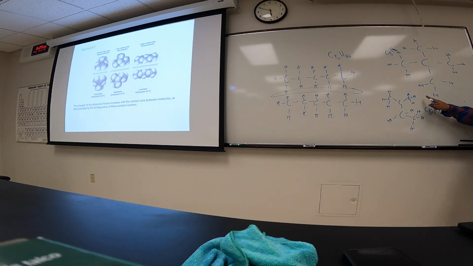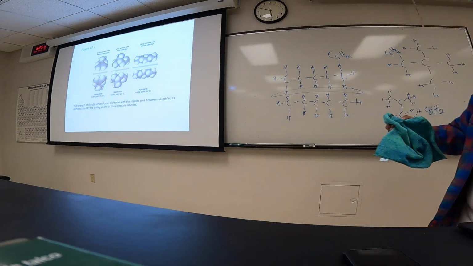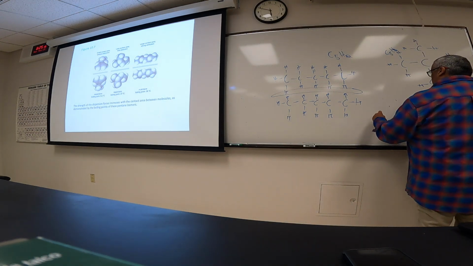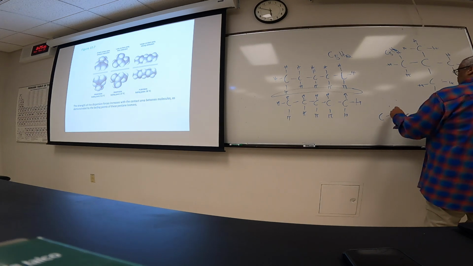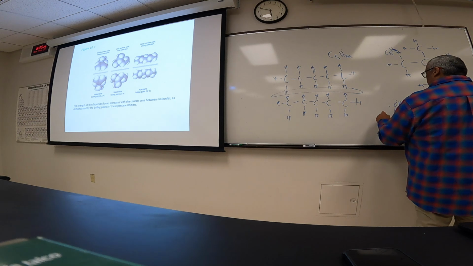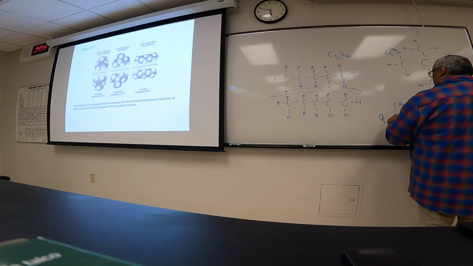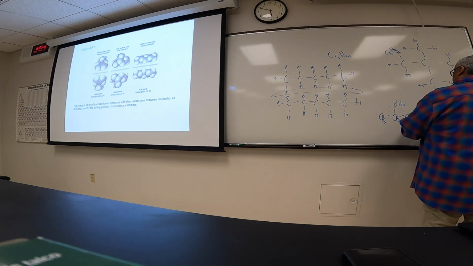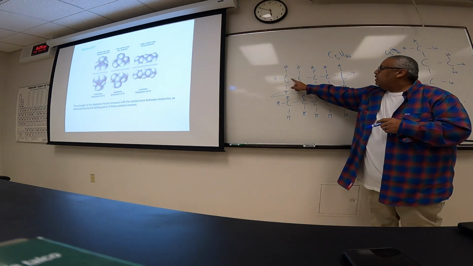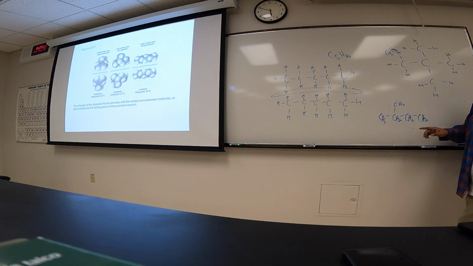Right? Let me see if I can redraw this one down here. I won't draw all the hydrogens out, but I think we can get a better idea. So here, pentane, 1, 2, 3, 4, 5 carbons in a row. This is isopentane, 4 carbons in a row, and then I have this little branch sticking up here.